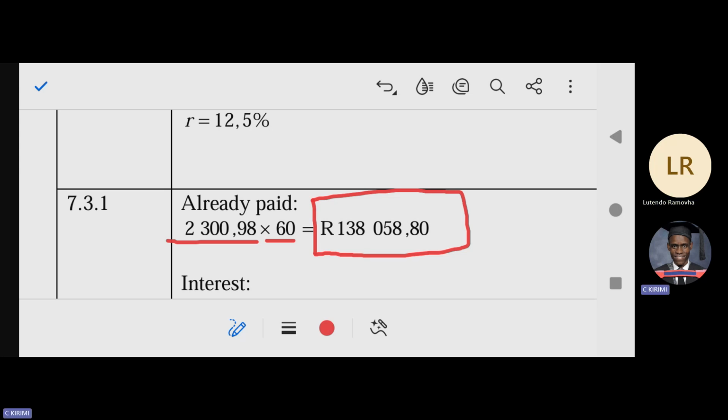So the question now is, how much interest is he going to pay?